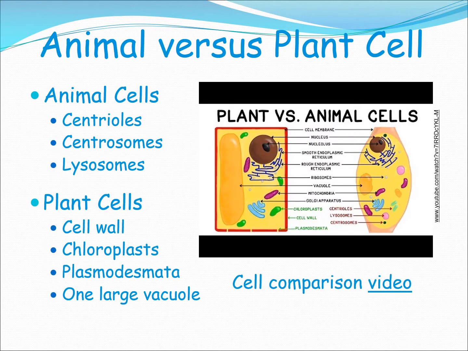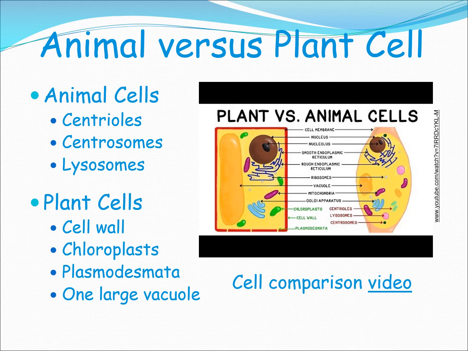Although both animal and plant cells are eukaryotic, meaning they both have a nucleus, there are several organelles which make them distinct from each other. Of the organelles which we have just discussed, animal cells do have centrioles, centrosomes, and lysosomes, while plant cells lack these structures. And plant cells have a few structures which animal cells lack.